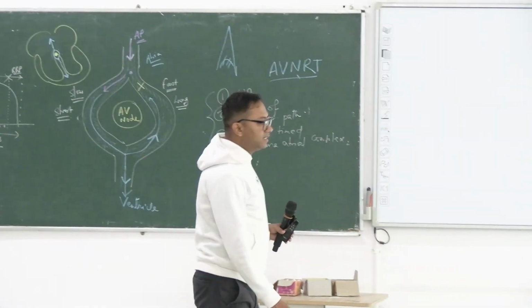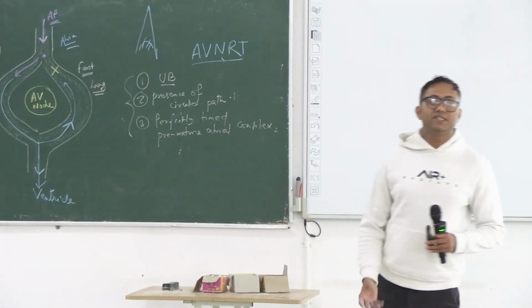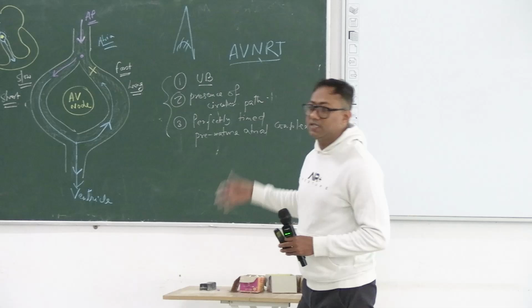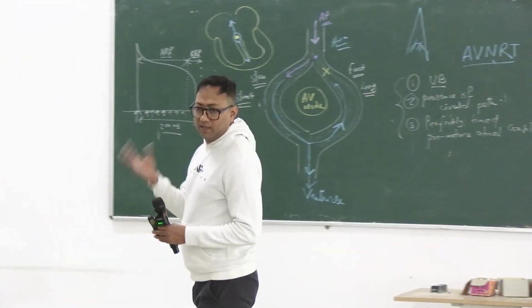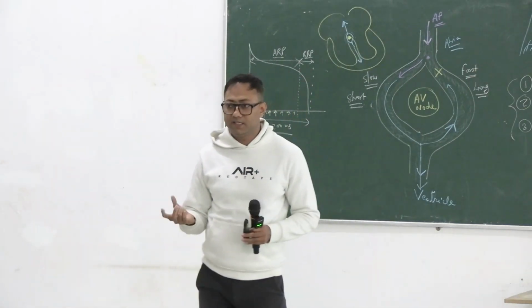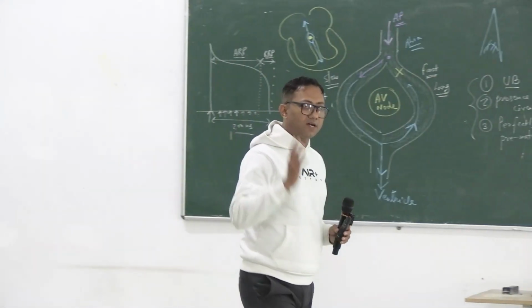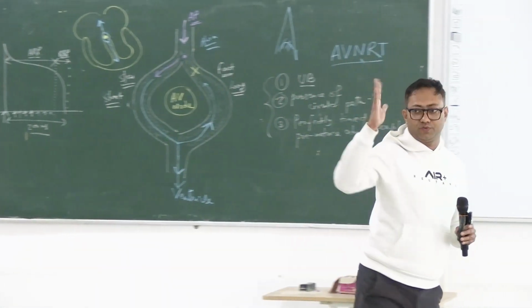What you get in the ECG is only QRST, QRST, QRST, QRST, no P, because the P wave is also happening, but it is so feeble, so weak that it is covered under the QRS complex. The QRS complex voltage is very high, so it takes over.